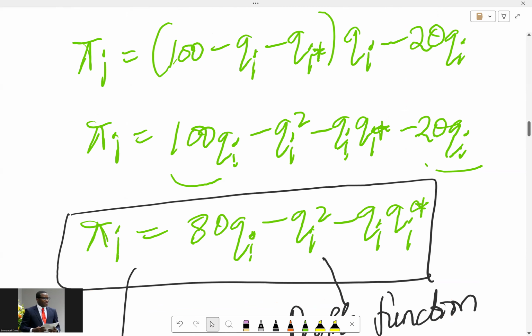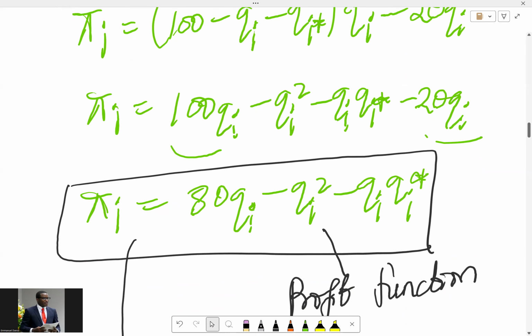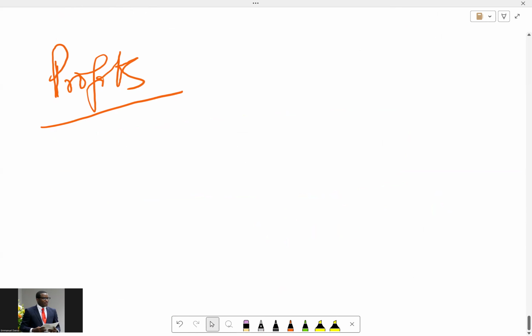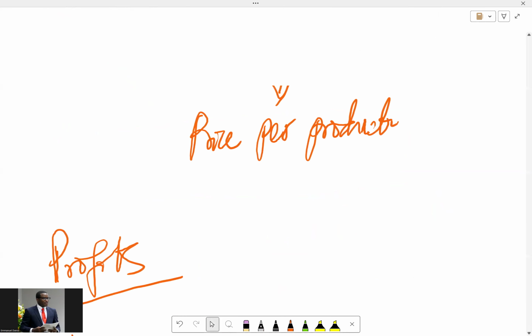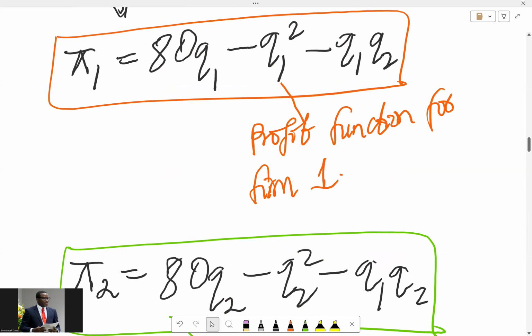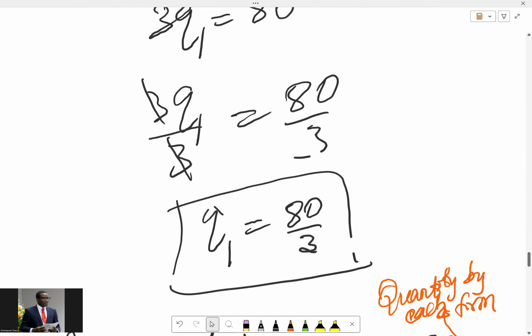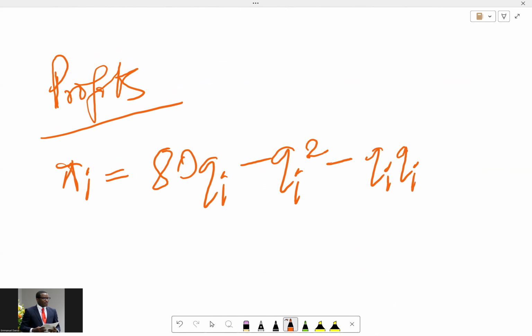Pi I equals 80 QI minus QI squared minus QI QI star. So the profit function is pi I equals 80 QI minus QI squared minus QI QI star.